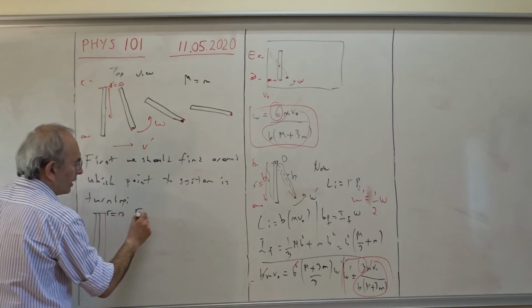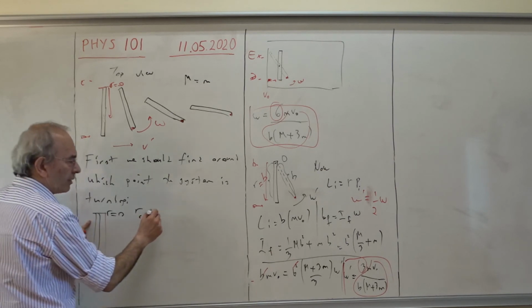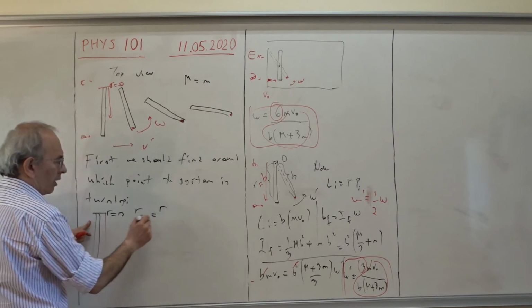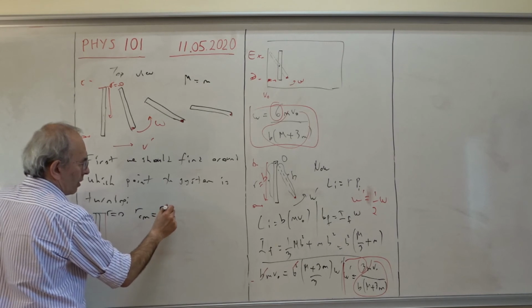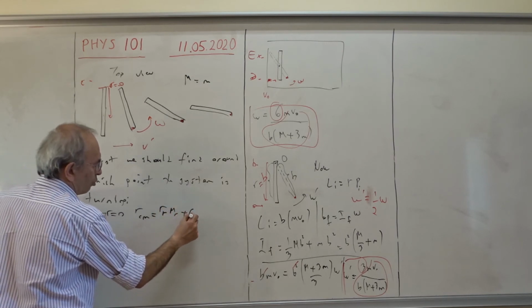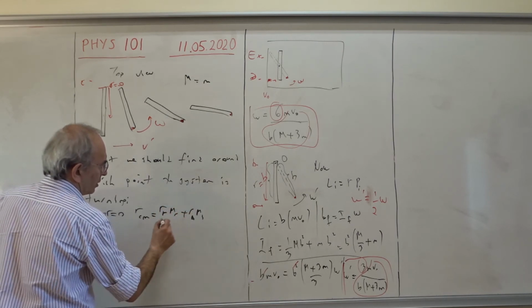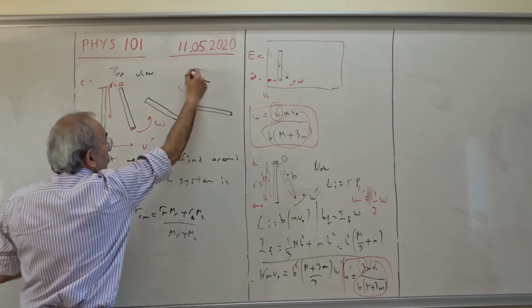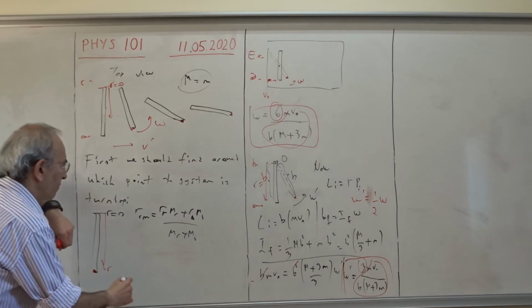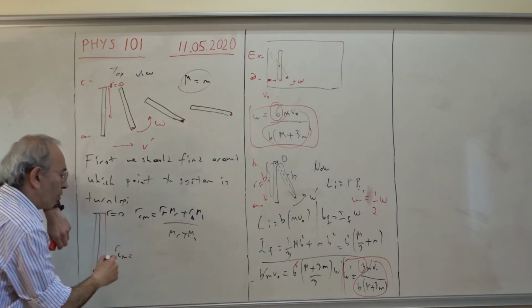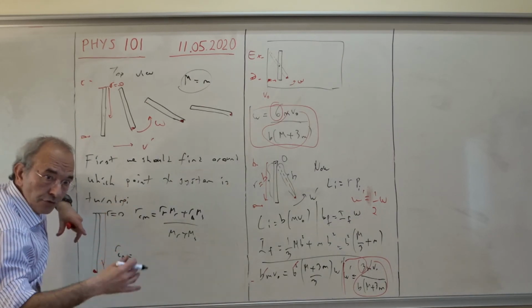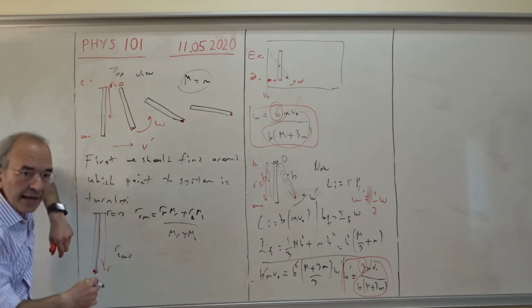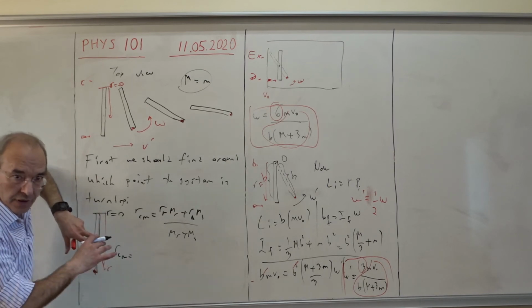Alright, r center of mass is, you multiply r rod times mass rod plus r bullet times mass bullet, divided by mass rod plus mass bullet. But since we assume they are the same for simplicity, the center of mass of the system along this length is found now.